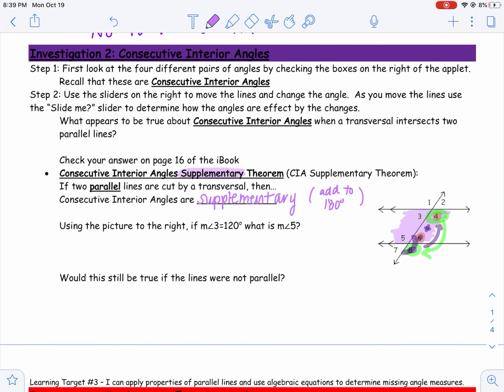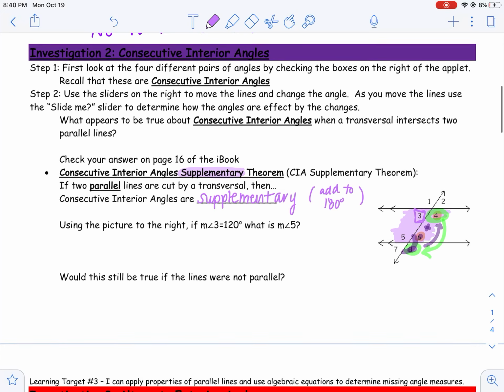All right, so if the measure of angle 3 equals 120, what is the measure of angle 5? Okay, well, I know that the measure of angle 3 plus the measure of angle 5 has to equal 180 degrees. They're supplementary.